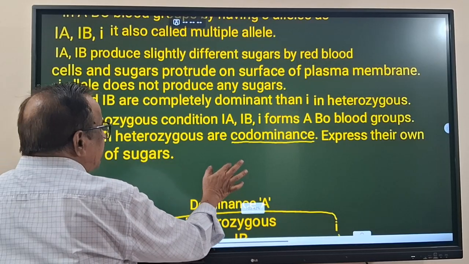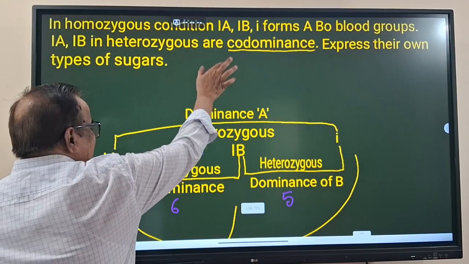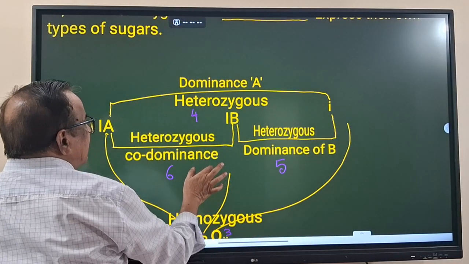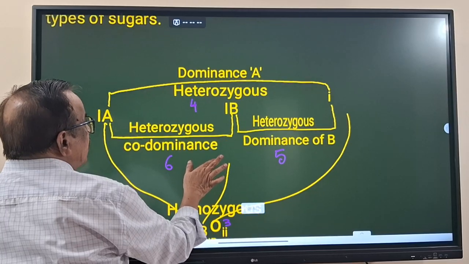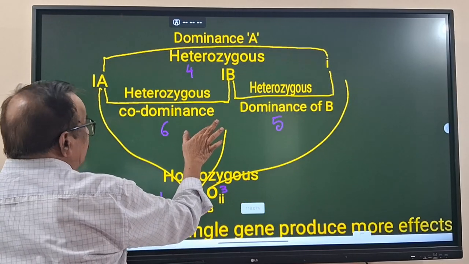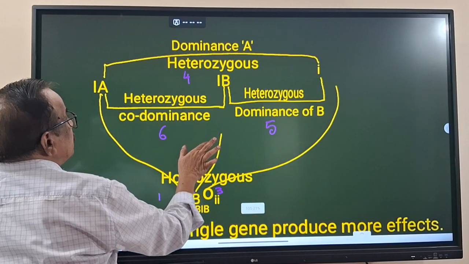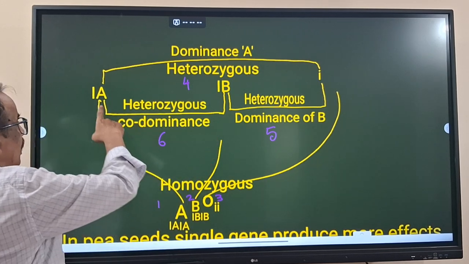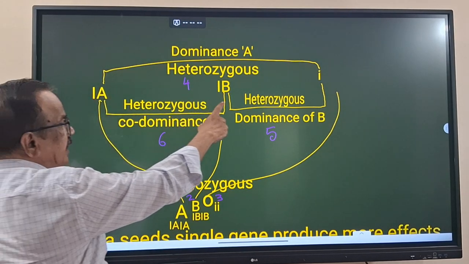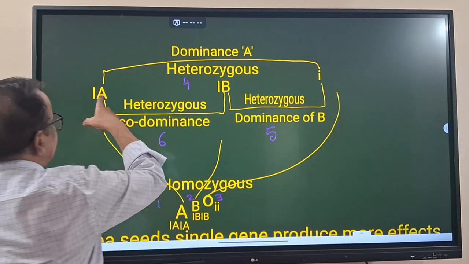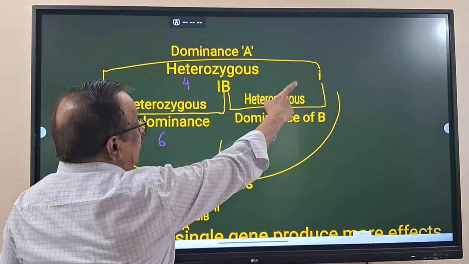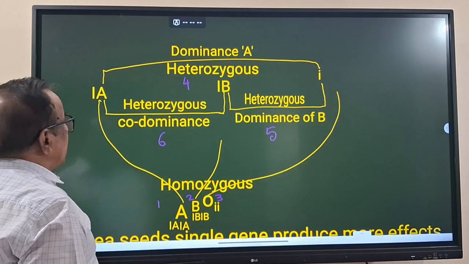Now, I prepared a chart for better explanation. How many phenotypes and genotypes come from this? So here A, B, O, that is IA, IB, and small i.